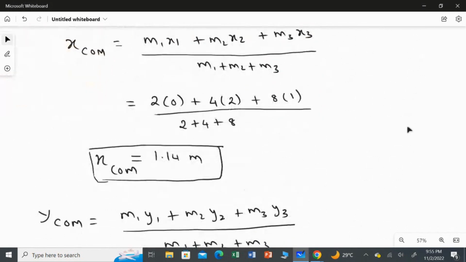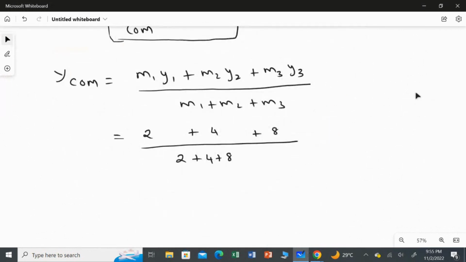That means 0, 1 and 2. So 0 value for y1, then 1 value for y2 and then 2 value for y3. Now I have to calculate the value. 2 multiplied by 0 is 0, plus 4, plus 8 multiplied by 2 is 16, right? 16 divided by 2 plus 4 plus 8, which is 14.